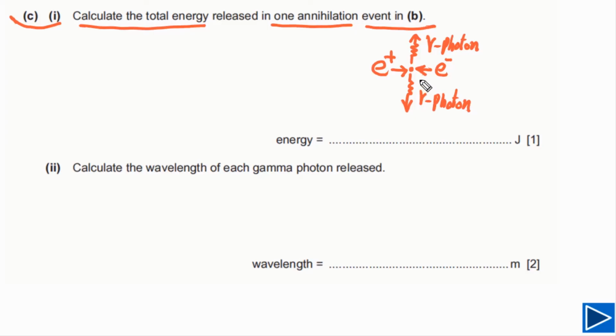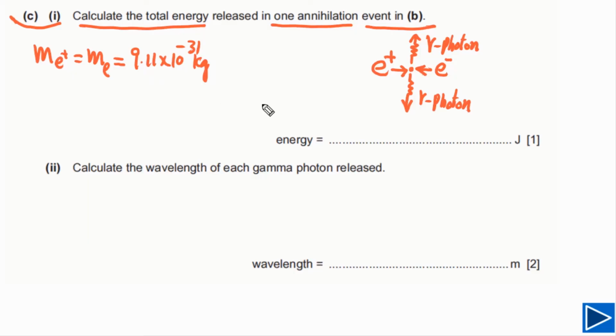Now we need to calculate the total energy released. In this case, we have 1 positron and 1 electron. The mass of the positron is equal to the mass of the electron, because particle and antiparticle have the same mass. The mass is 9.11 times 10 to the negative 31 kg.